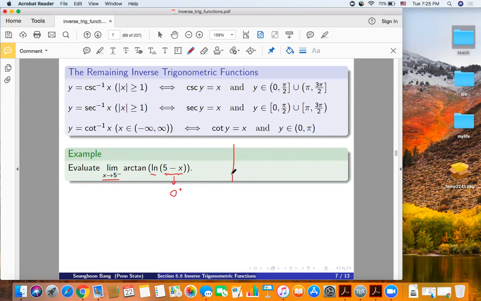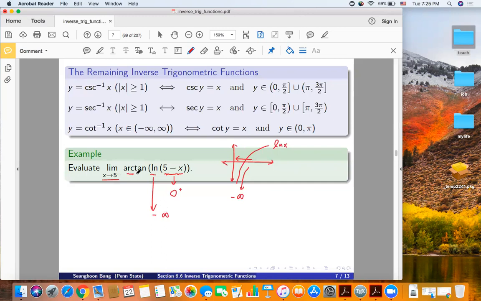You can draw the graph of ln. This is ln of x. The inside approaches 0 from the right. What is ln of x? It approaches negative infinity.